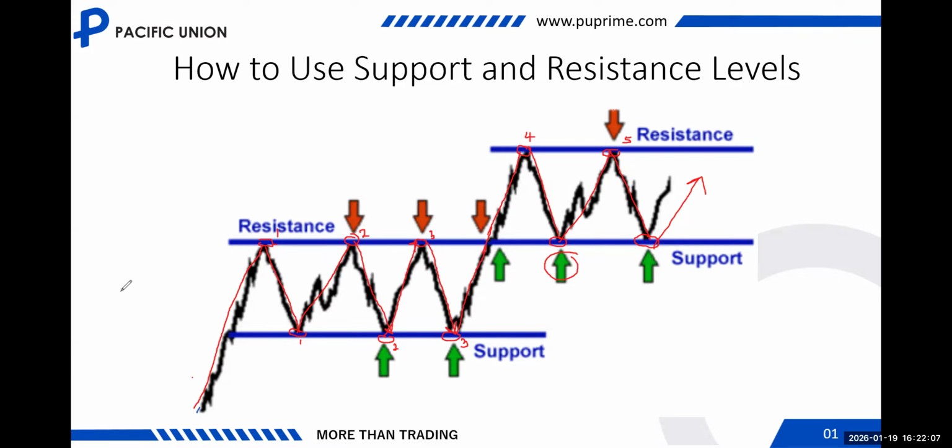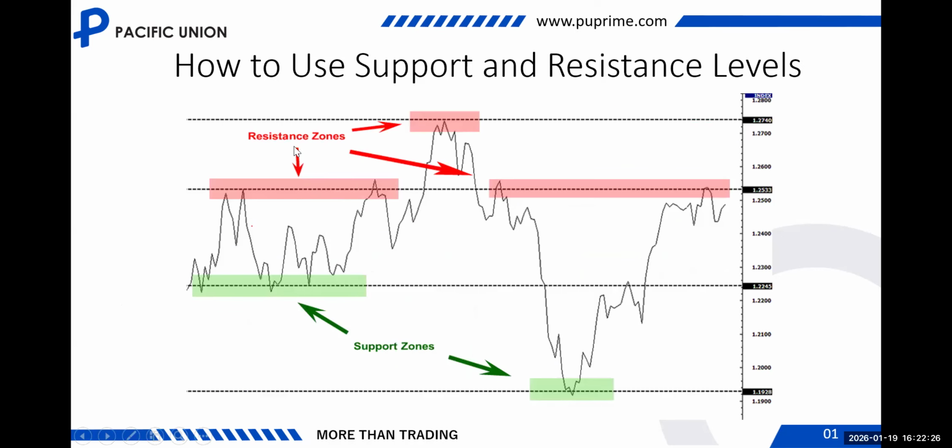On and on, like that. That is simply how we can identify support and resistance, and also the scenario where resistance turns to support. But then I'll show you in subsequent slides how support also can turn to resistance. All right, so this is another scenario we need to look at.